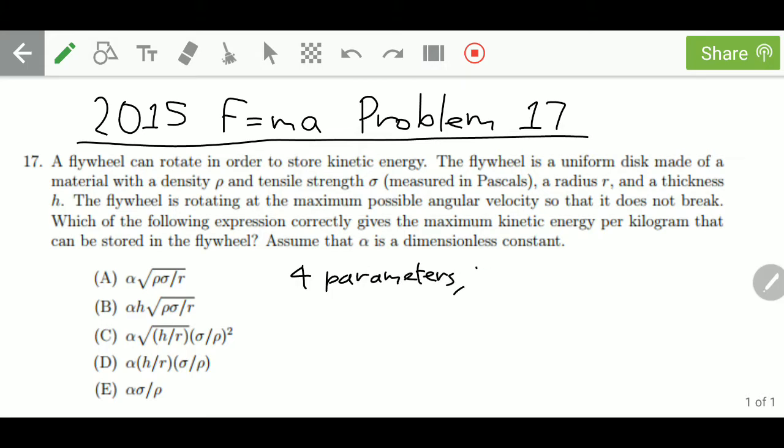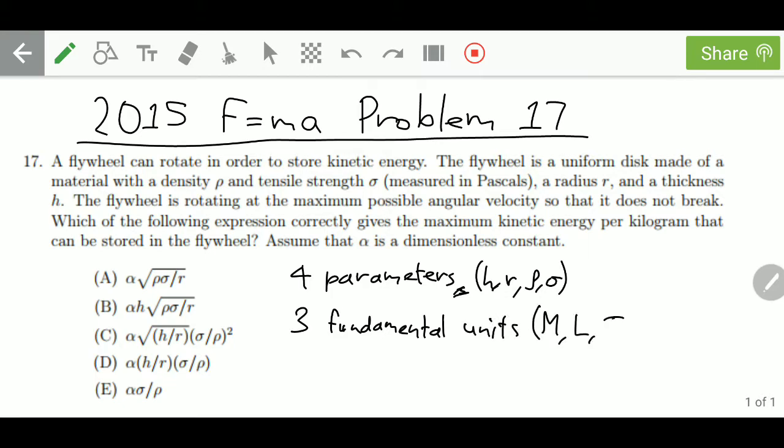Now, one thing you may notice is that we have 4 parameters, but we only have 3... I shouldn't say 3 variables, but we have 4 variables, which are h, r, rho, and sigma, but we only have 3 sort of fundamental units, so mass, length, and time.